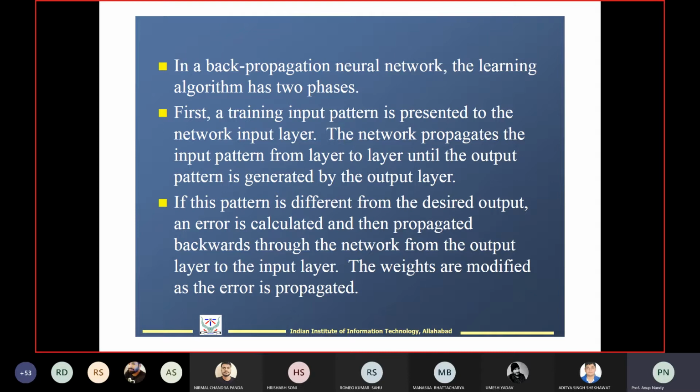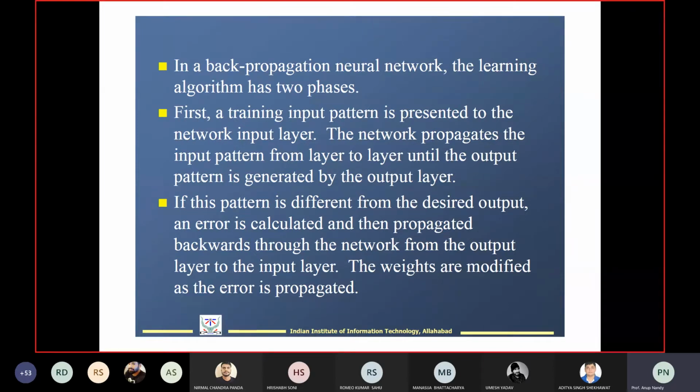You propagate it in the forward direction, feeding the input in the network until you obtain the output pattern.